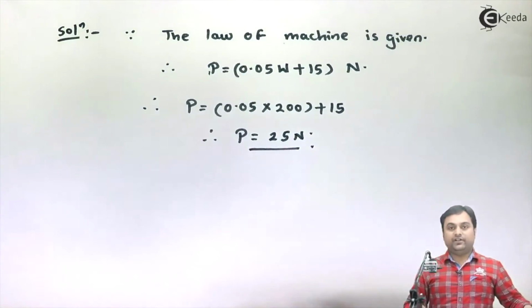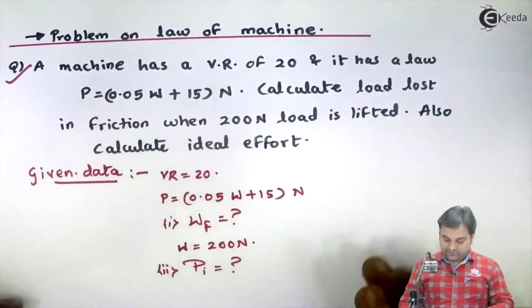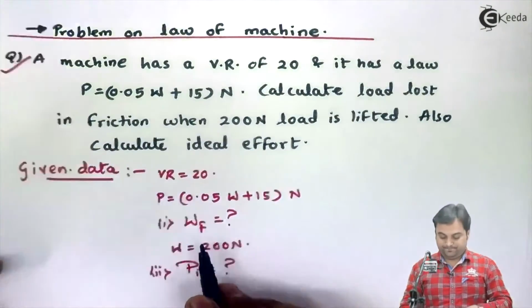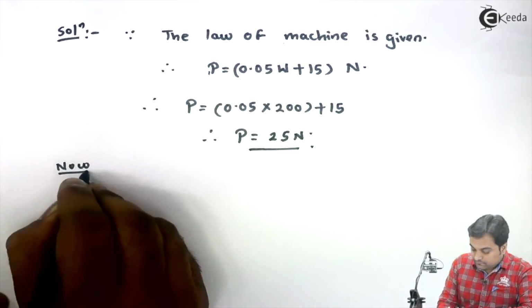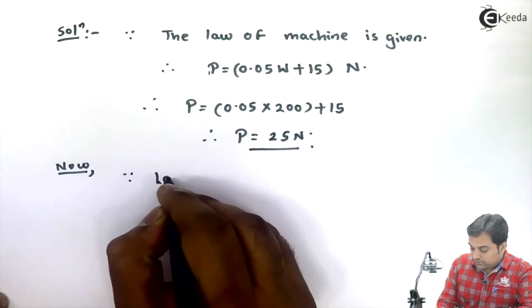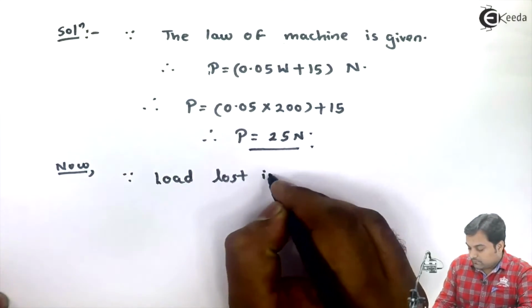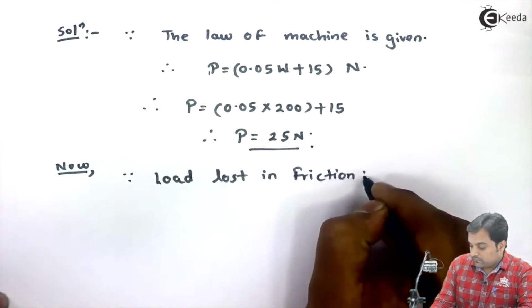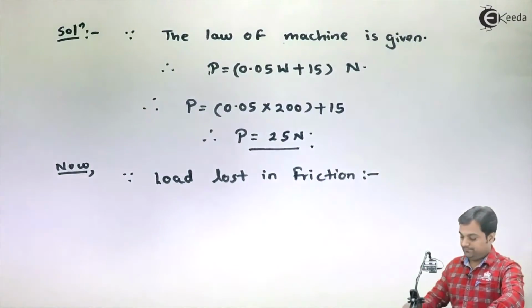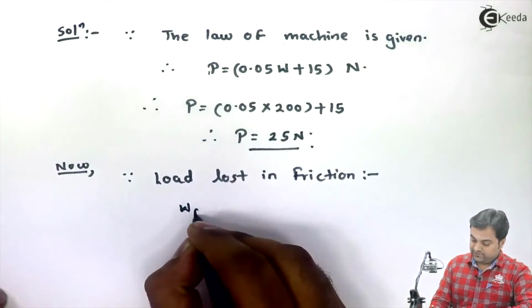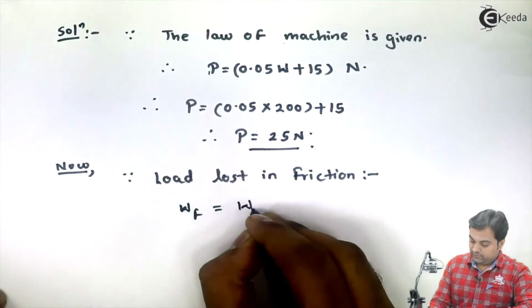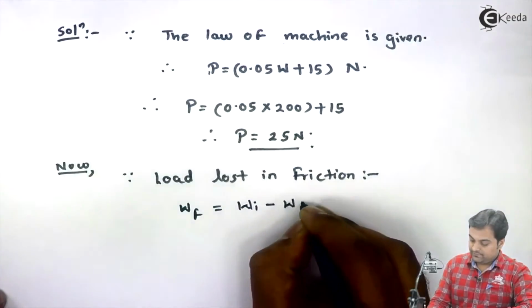Now, after getting effort, the first question is load lost in friction. So I'll write down now, since load lost in friction, it is given by the formula W suffix F is equal to ideal load minus actual load.